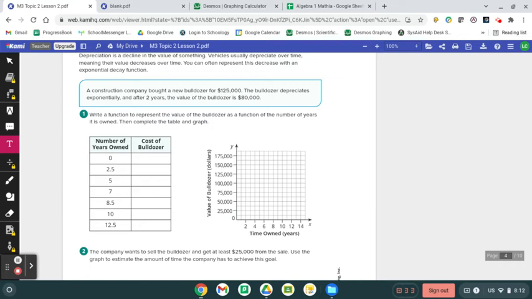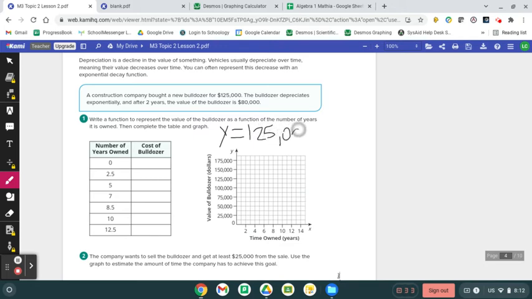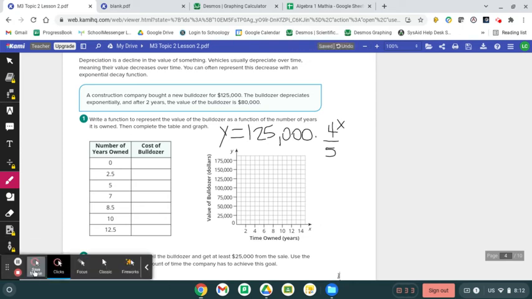So our equation here is y equals 125,000 times 4/5 to the x power. And again, that 4/5 isn't all that big of a deal.